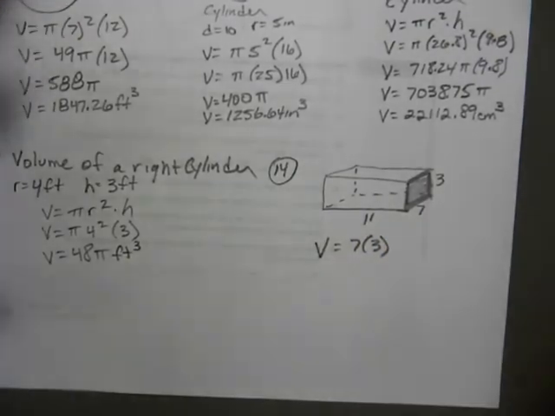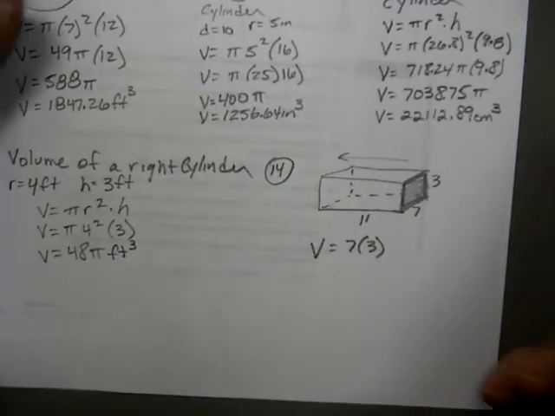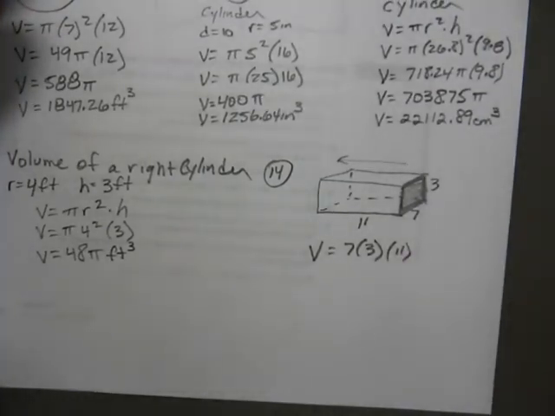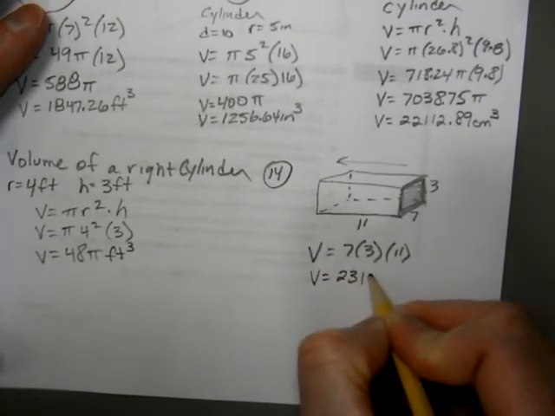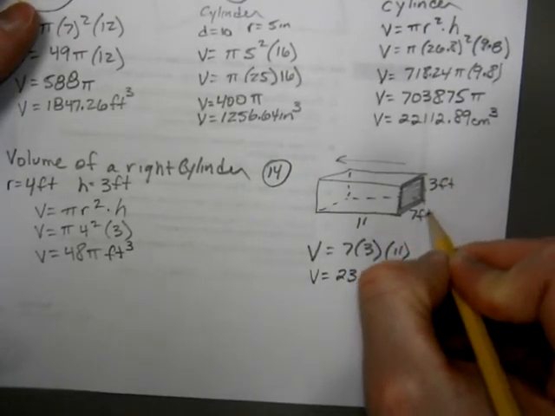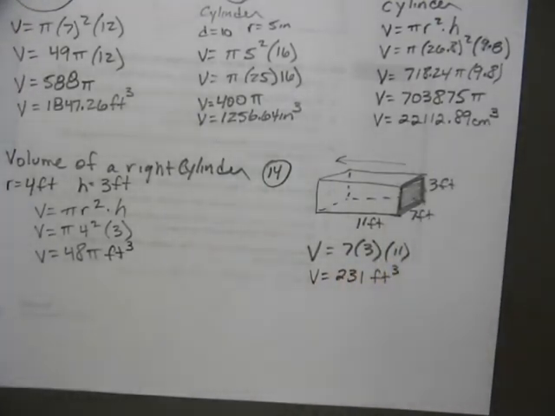So 7 times 3, and then we repeat that all the way through the shape. So that's 11. To calculate our 7 times 3 times 11, we get 231. These units are feet, so this is feet cubed because it's volume.